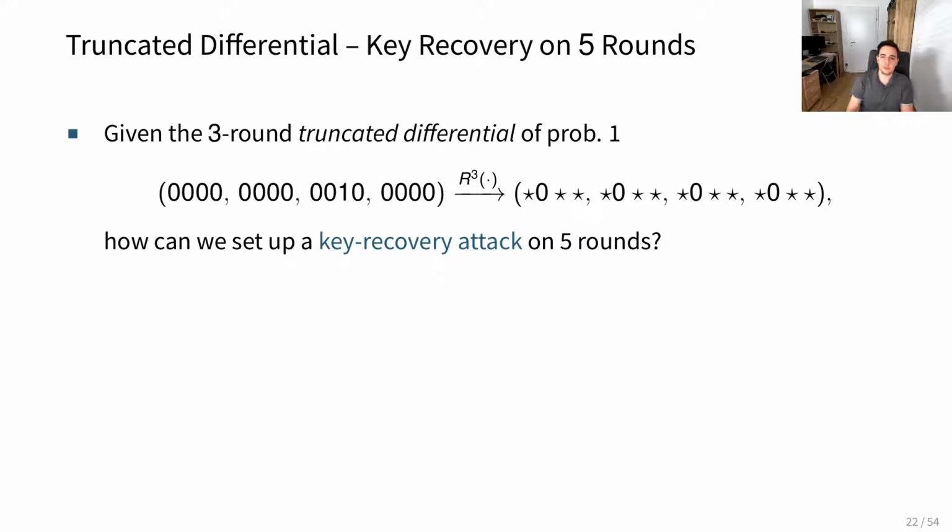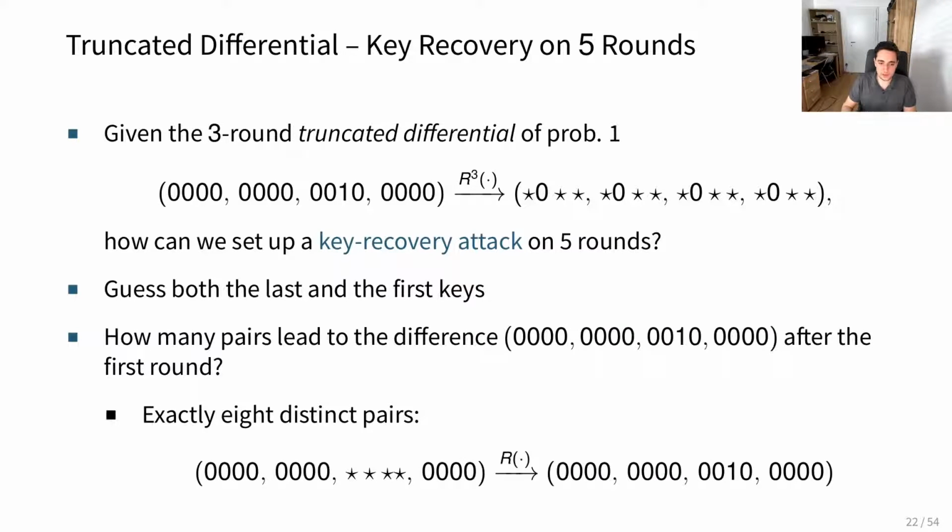Okay, then let's continue. We can also do this for 5 rounds. It's not so important to understand the concept of truncated differentials, but I explained it very briefly. So we have this single 3-round truncated differential. How can we apply the key recovery attack on 5 rounds? Instead of only guessing the last key, we can try to guess both some bits of the first key and also of the last key.